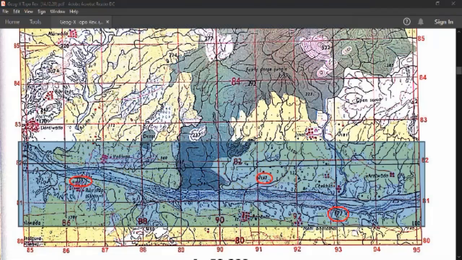So as the spot heights are decreasing towards the west direction, it means the river is flowing towards the west. Is it clear?